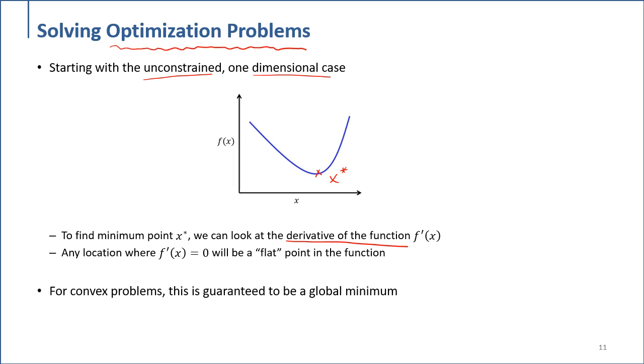By calculating f prime x and finding the location where f prime x is equal to 0, we find the flat point where its derivative is 0. For this convex problem, this is guaranteed to be a global minimum, because the problem is convex.